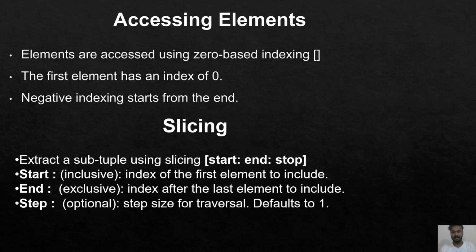The end index defines the element after the last one to include, and the step value determines how many elements to skip when iterating through the slice. By default, the step value is 1, meaning all the elements are included. Extract a subtuple using slicing: square bracket start colon stop.